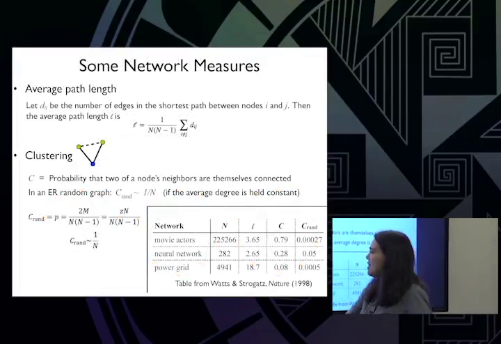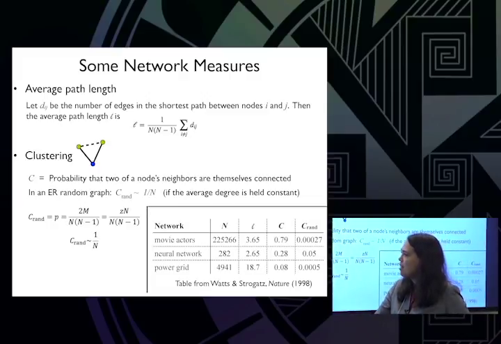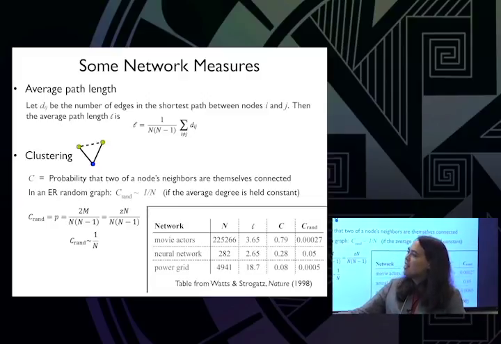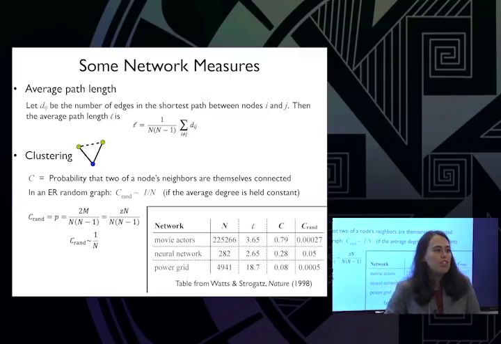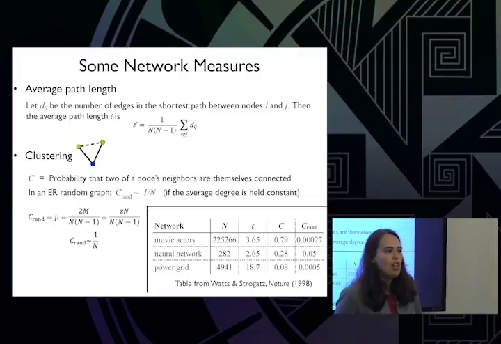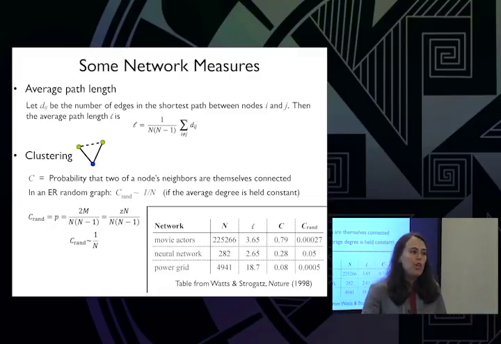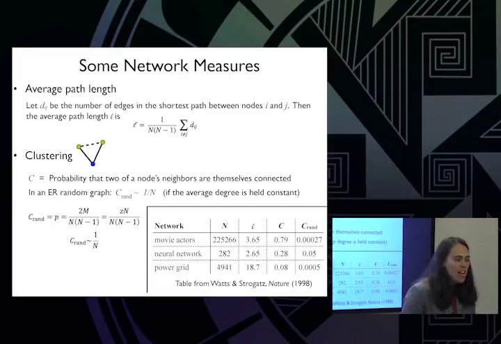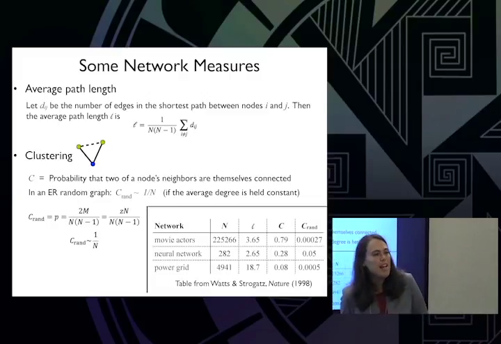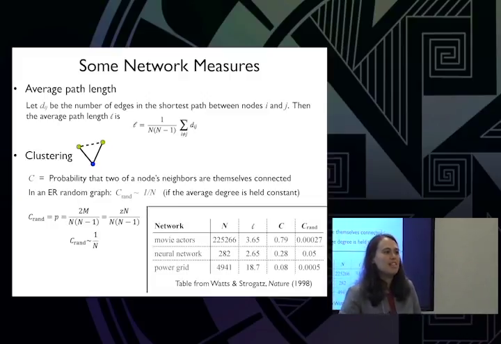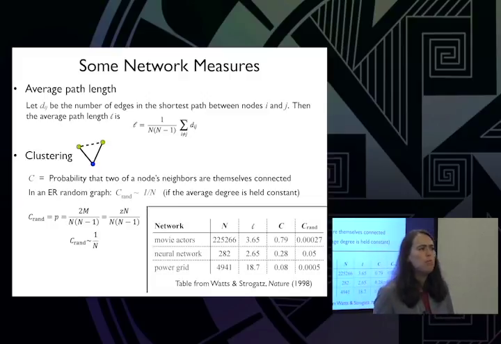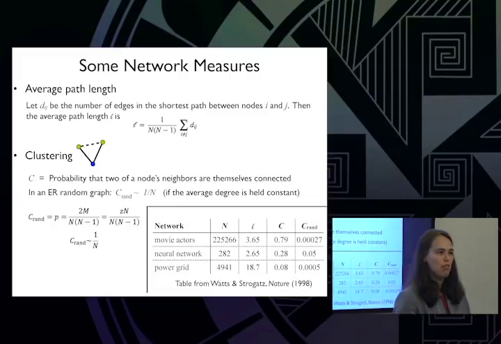So in that case, if I have these Erdos-Rényi networks, and I calculate this clustering coefficient, the clustering coefficient for a random graph where the average degree is held constant is going to be like 1 over n. So it's going to get smaller and smaller as I add more and more nodes to the system, always under the constraint that everybody has about the same number of connections, even as the system gets bigger and bigger, which is a reasonable approximation for lots of different types of networks.